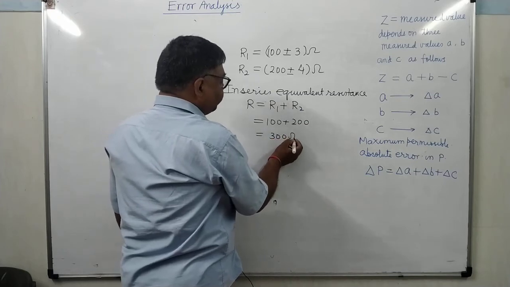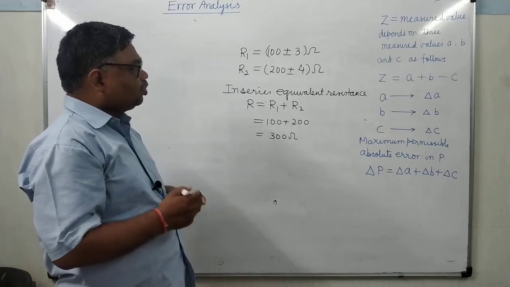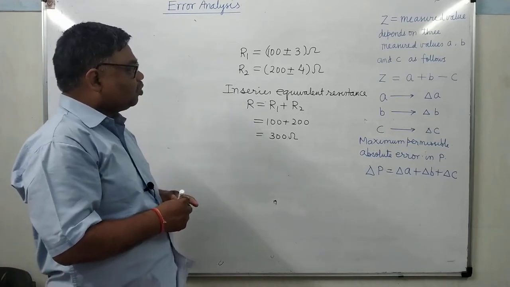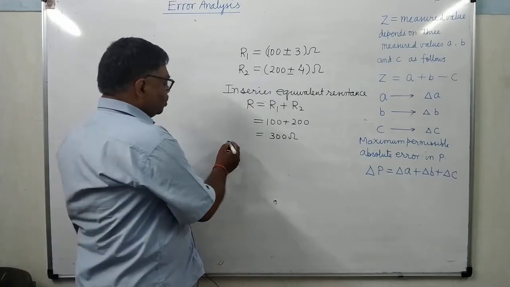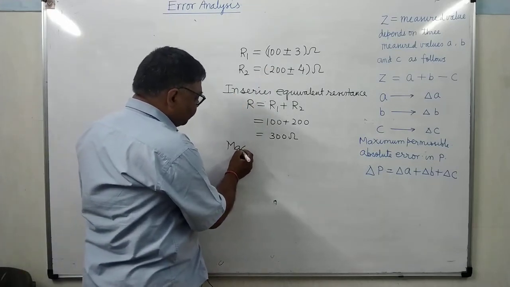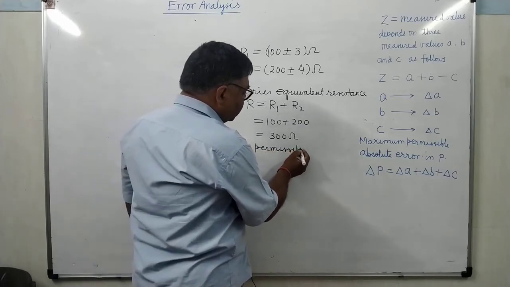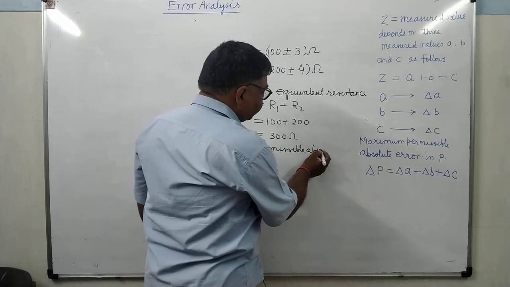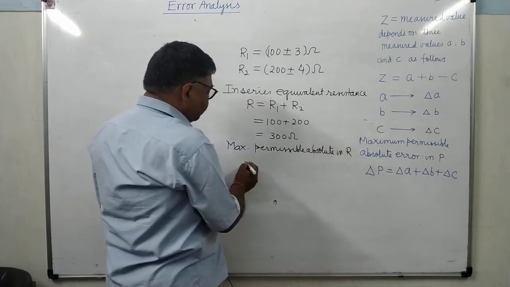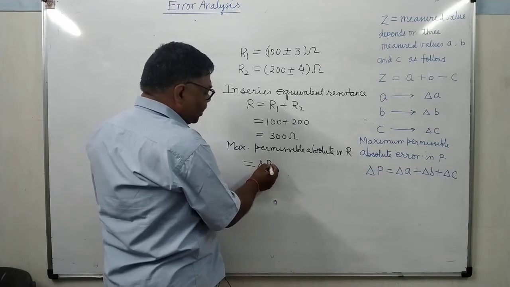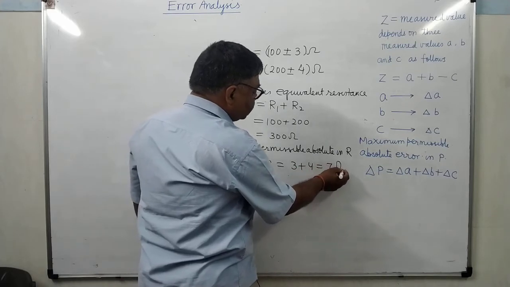Now what will be the maximum permissible absolute error in R? It will be equal to the sum of the absolute errors in R1 and R2. That we denote by delta R, and it will be equal to 3 plus 4, that is 7 ohm.